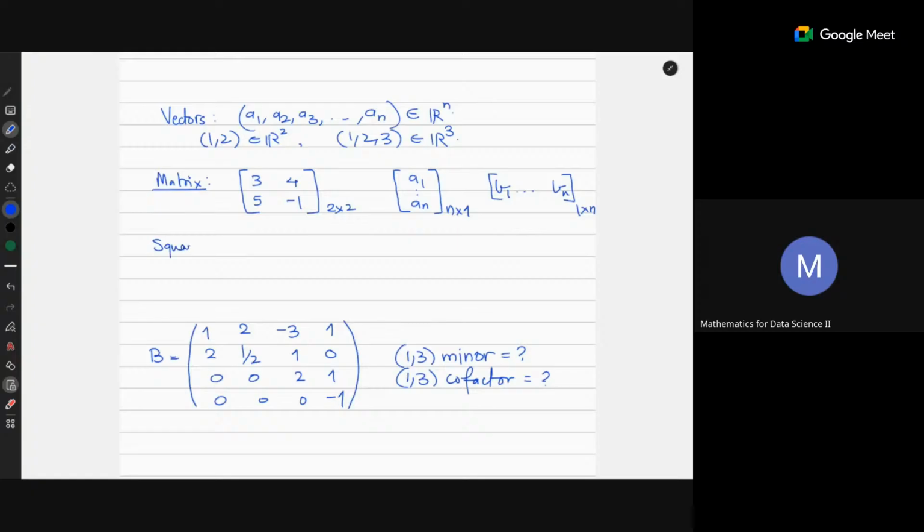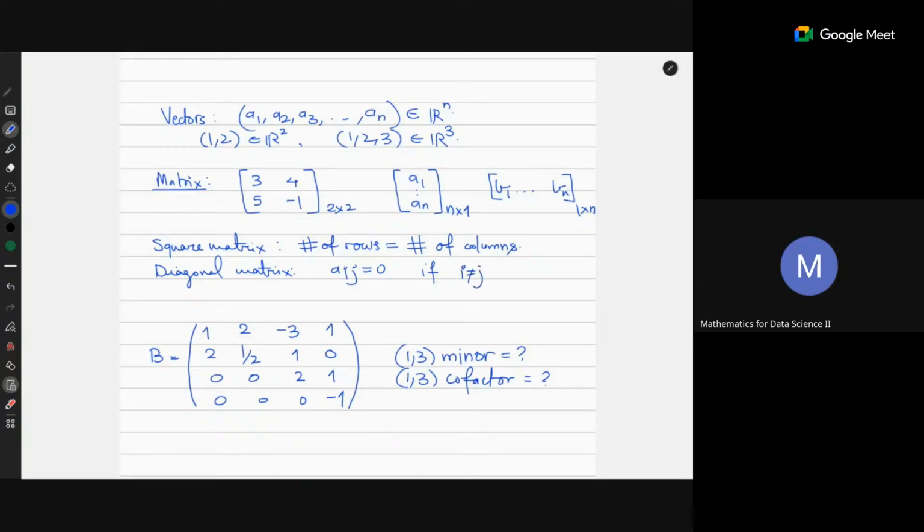A matrix is called a square matrix if the number of rows is equal to the number of columns. And then a square matrix is called a diagonal matrix if it only has diagonal entries, so all other entries are zero if i and j are not equal.